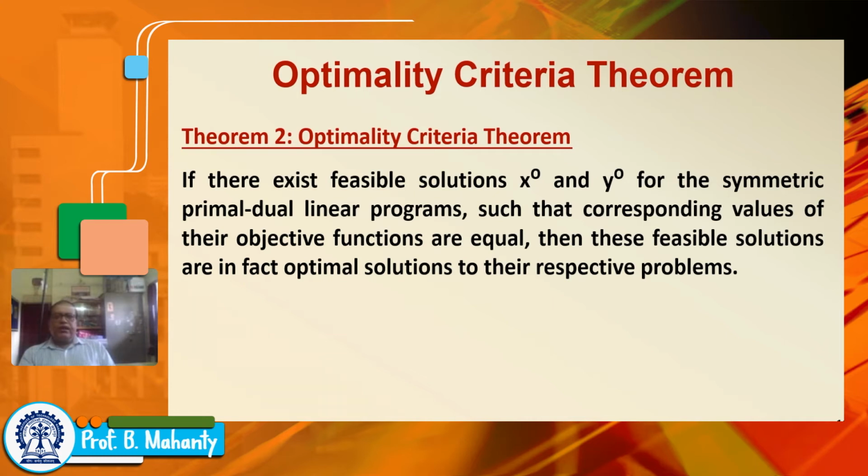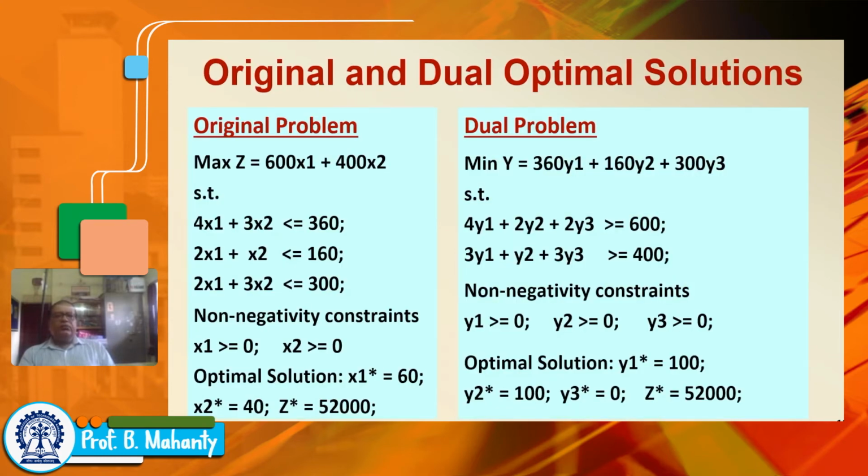Yes or not? So we have already seen this original problem, and we have seen their optimum solutions. So what exactly it says, that this is the primal problem. Suppose we do not know whether it is an optimum solution, and we also do not know whether the dual is an optimum solution, but we know that this is going to be a feasible point.